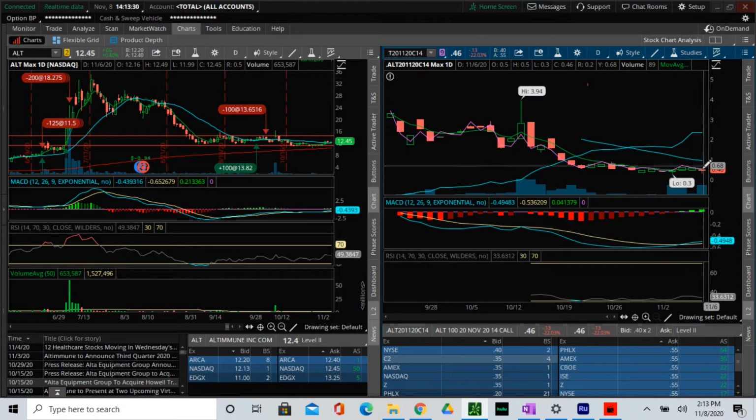And I want that 5 EMA to not only be above the theoretical price, but I also want it to be above the 20 SMA, just like over here, because that's how the stock runs. That's how the stock moves, just like back here. What's good for the stock price is good for the option price, so I want that to cross on over.